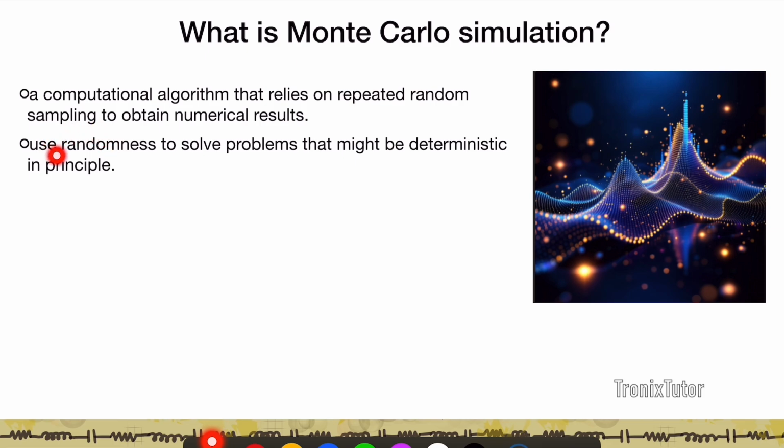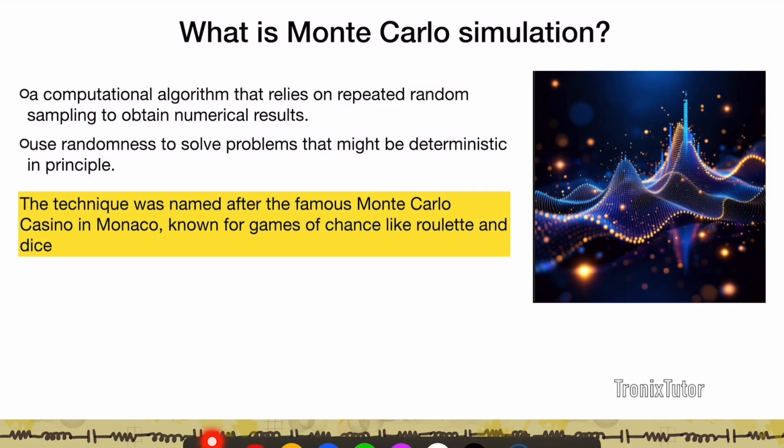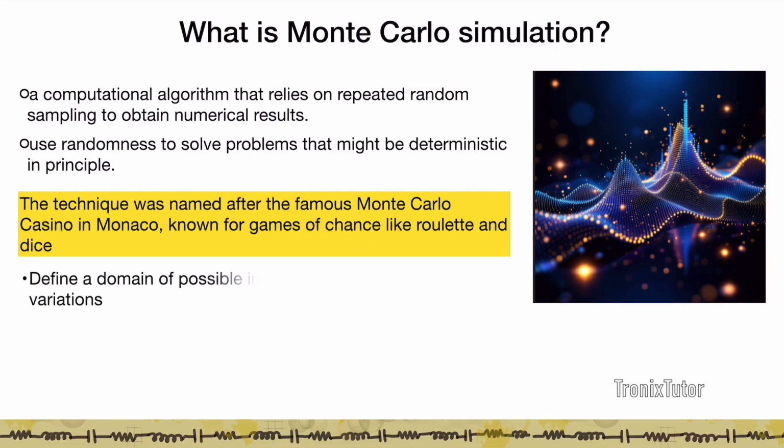And we use this randomness to solve problems that might be deterministic. This technique was named after, you guessed it, the Monte Carlo casino, because it relies on probability. It is a game of chance, and that gave the name for this kind of simulation.